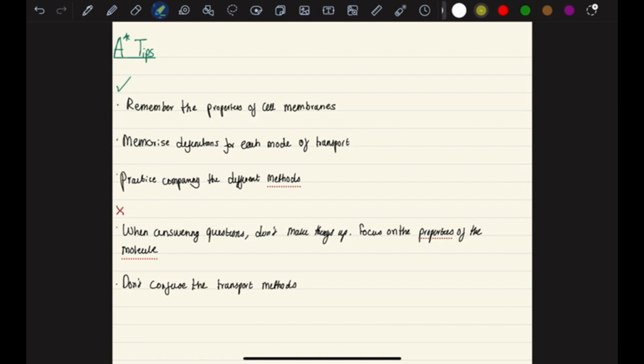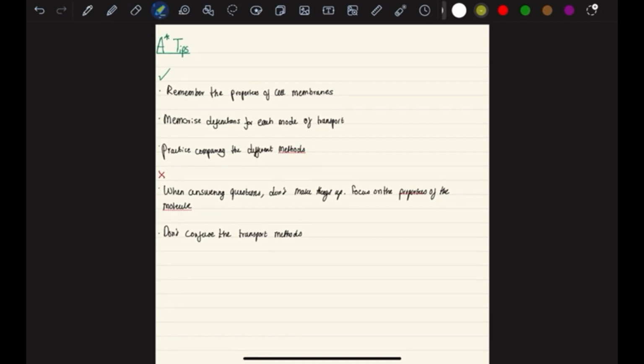Now, what you shouldn't do, don't make things up. I think this happens a lot in A-levels in general, but you can't just make things up. Just focus on what you've got. Remember that charged or polar molecules or larger molecules are going to struggle to get through a cell surface membrane. Think about the molecule that you have and just be like, okay, is this going to go through, yay or nay?